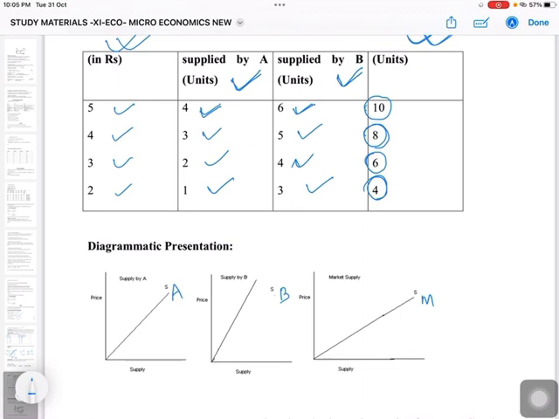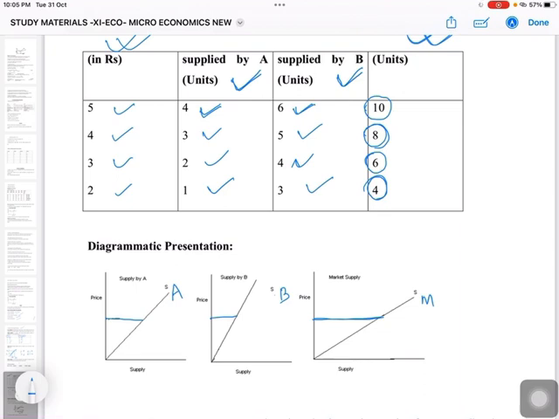The market supply curve can be derived with the horizontal combination of the individual supply curve. Individual supply curve को अगर horizontal हम लोग ऐड करेंगे तो you will be getting the market supply.